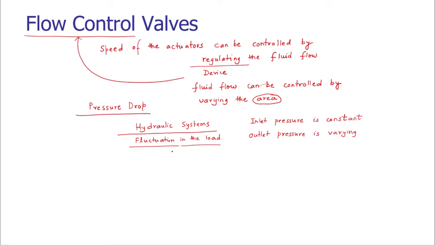To take care of this fluctuation in the load, either we can have pressure compensated pumps, so we can compensate the pressure at the pump level itself, or we can have a pressure compensated flow control valve.